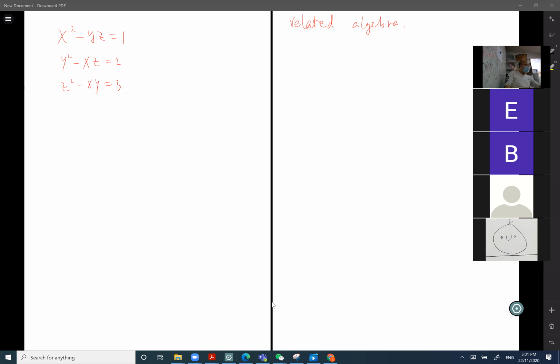For the related algebra, we can have a look at this. What type of formula is related to this question? We check that one first.